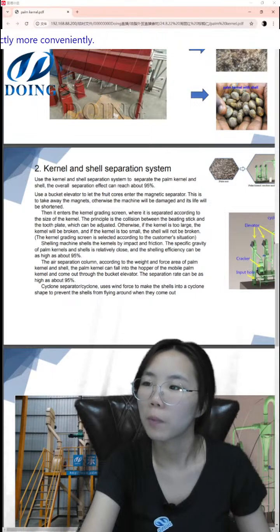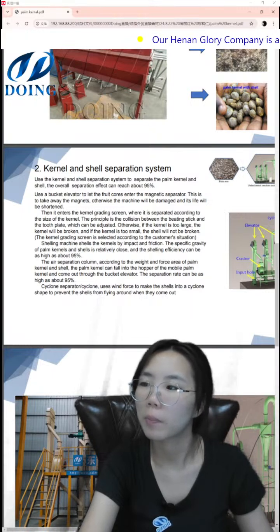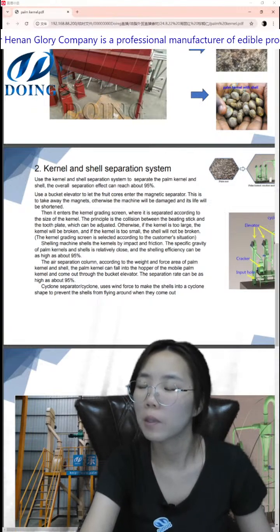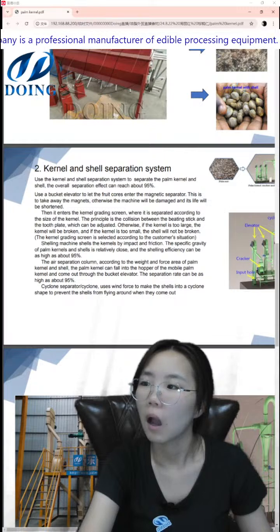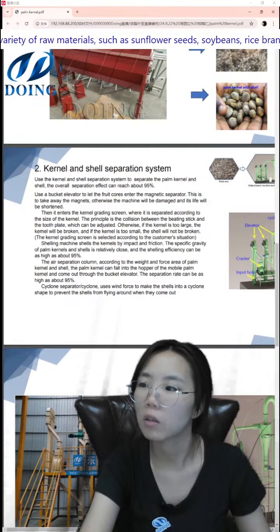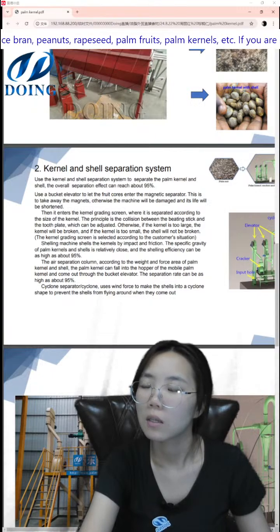The principle is that between the beating stick and the wall the nut will be broken. If the kernel is too small, the shell will not be broken. The grading screen is changed according to the customer's situation. The shelling machine shells the kernel by impact and friction.